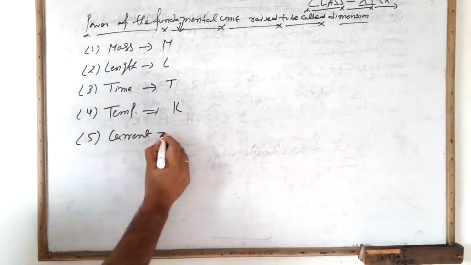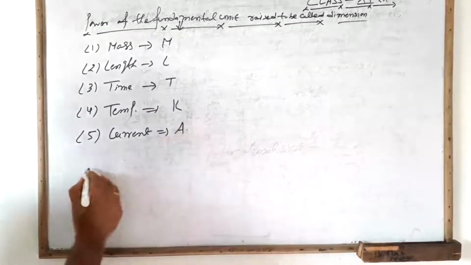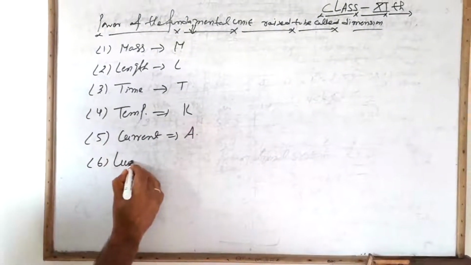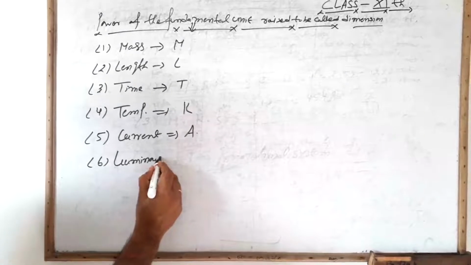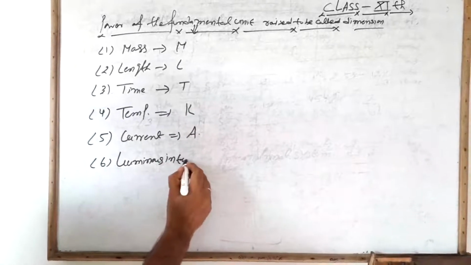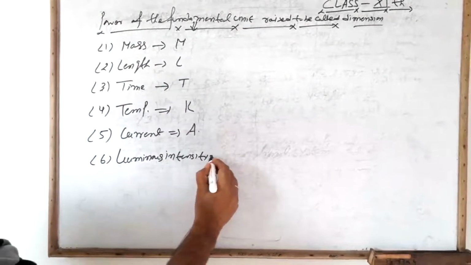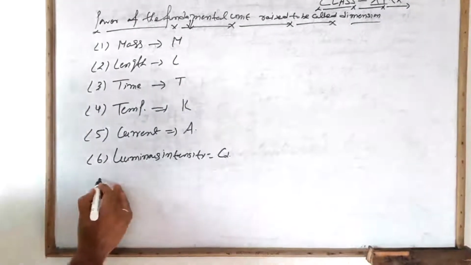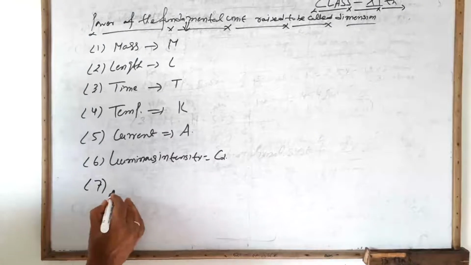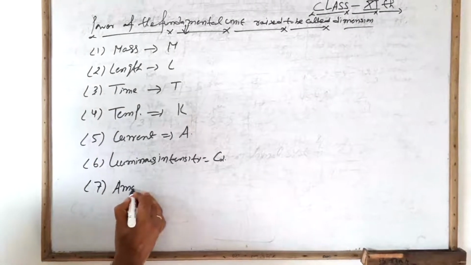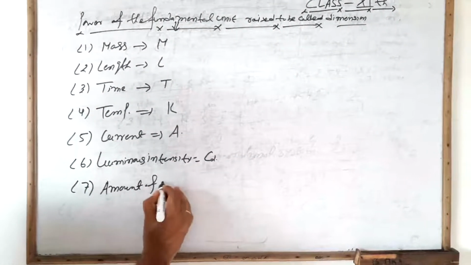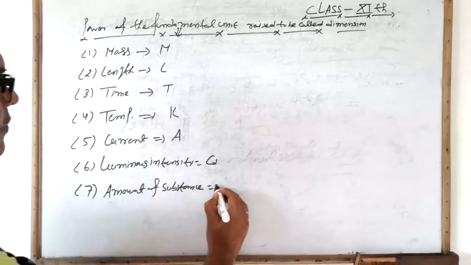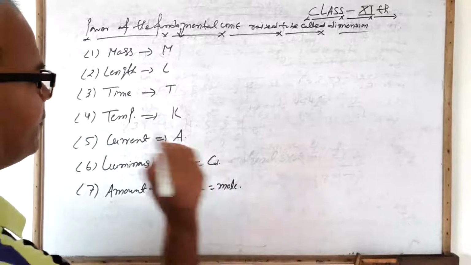Fifth, electric current, ampere. Sixth, luminous intensity, expressed in candela, means cd. And seventh, amount of substance, means mole.